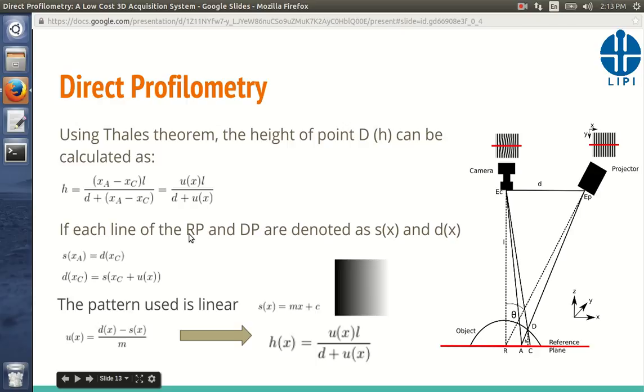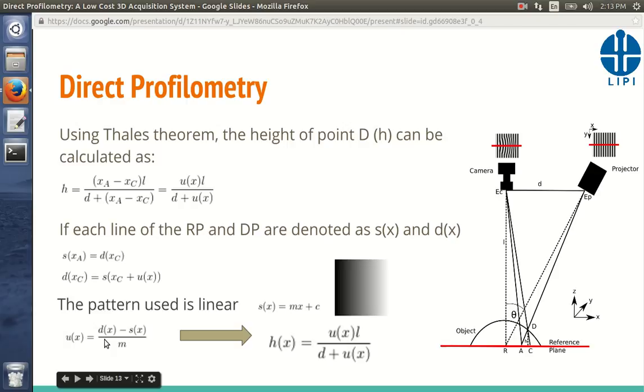Okay, and if each line of the reference plane, the reference pattern and the deformed pattern, is denoted as Sx and dx, then we will have Sxa equal to dxc, and dxc equal to Sxc plus the shift function.